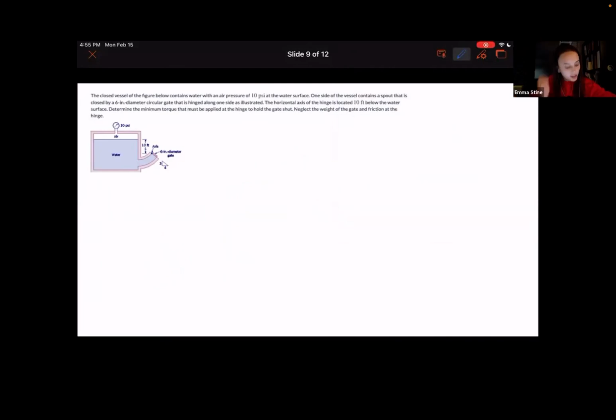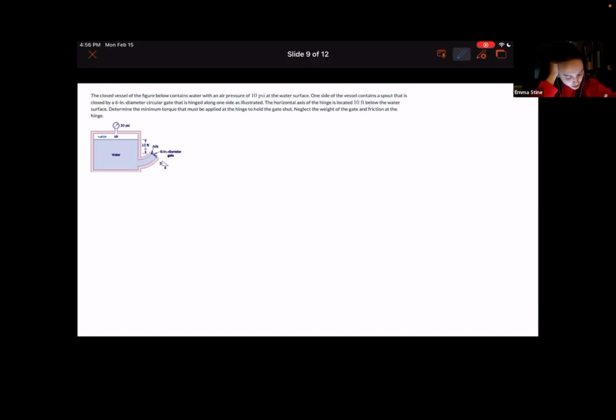Okay, a closed vessel of the figure below contains water with air pressure of 10 psi at the water surface, right here. The side of the vessel contains a spout that is closed by a 6-inch diameter circular gate. It looks not circular, but it is a circular flat gate stuck on the side, kind of like a teapot spout.